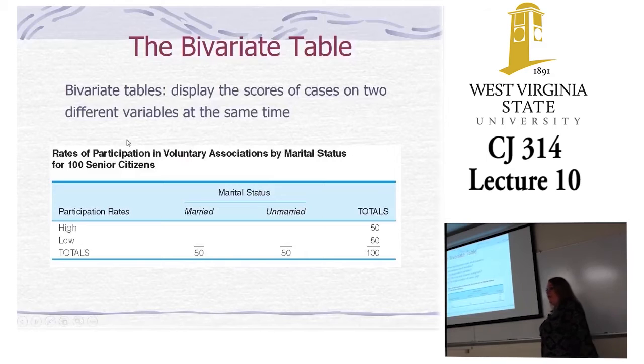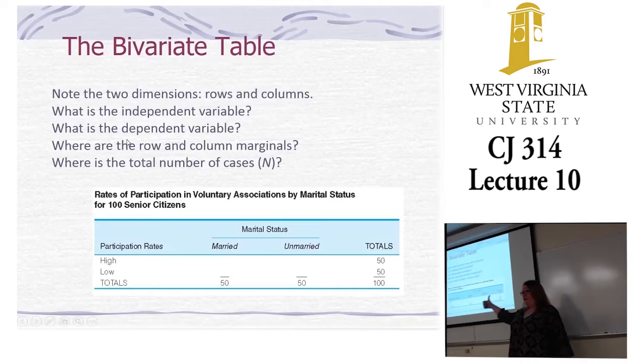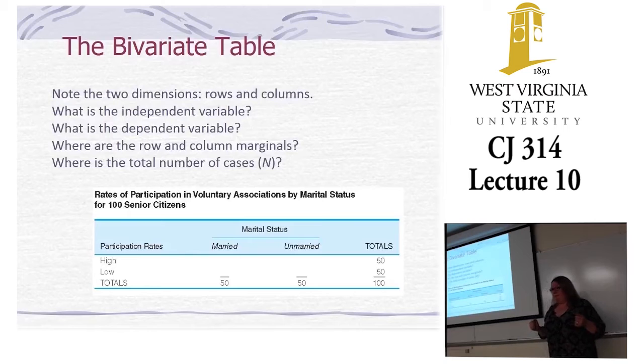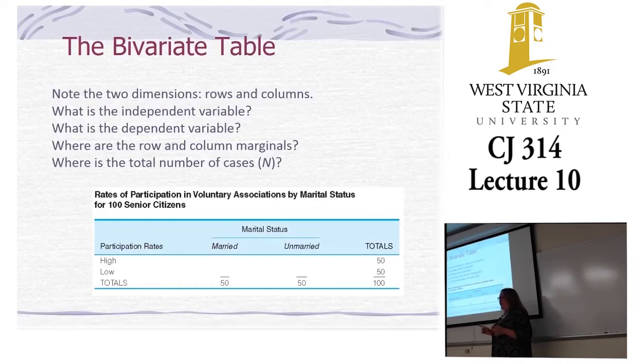So looking at this data, what's our independent variable? Are we saying that your marital status will influence whether you volunteer or not? Or are we saying your volunteer status will influence whether or not you're married? Marital status will influence whether or not you participate in voluntary organizations.